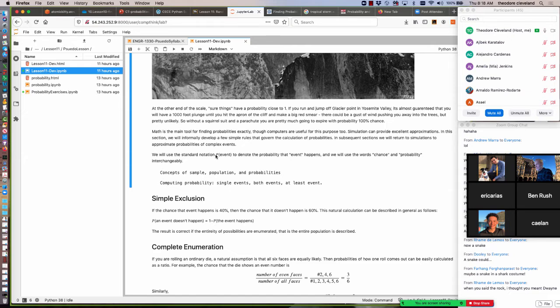I'll try to stick to the standard notation P of an event to denote the probability that an event happens, and then we use the words chance and probability interchangeably. So this notation's a little weird. It's a capital P and then parentheses, like a functional form, and what goes in the parentheses is the event, and the event can often be a word description.